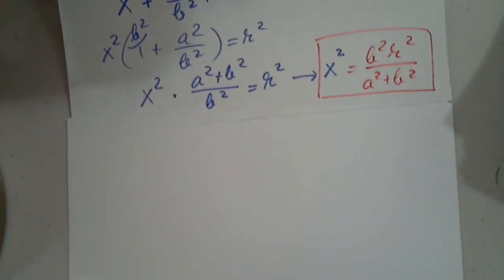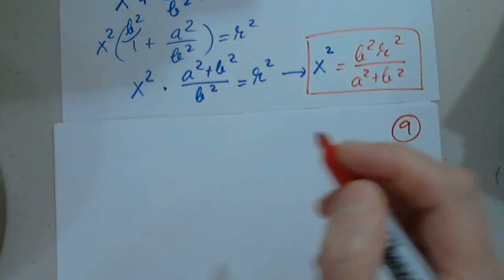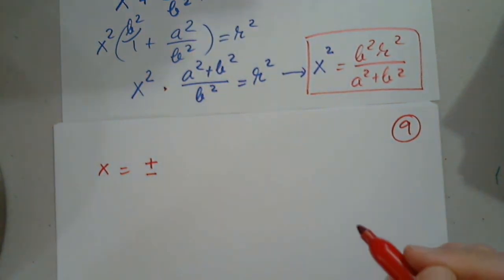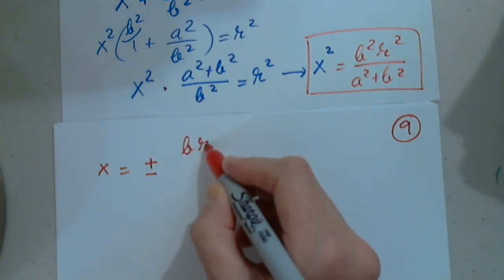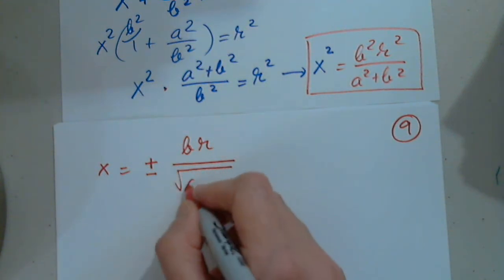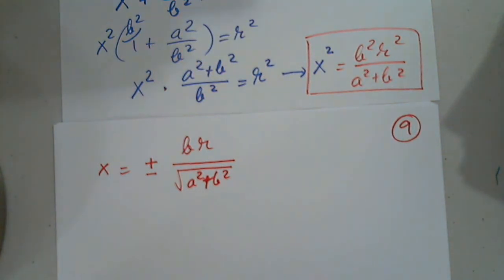Since this is quadratic, how many solutions do I have to write? 2. Yes. And I have to write plus or minus br, because I take the square root, over the square root of a squared plus b squared. Don't touch that. You cannot simplify that.